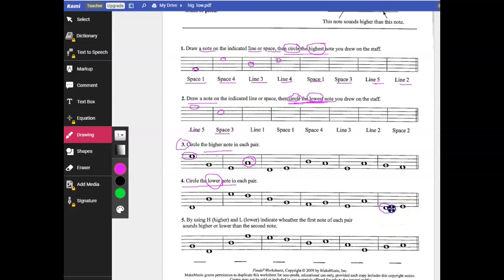So I'm going to circle the one that's underneath because it's lower than the other one. For this one here, this one's on the second space. This is on the first line. I'm going to circle the bottom. So go ahead and finish number 4.